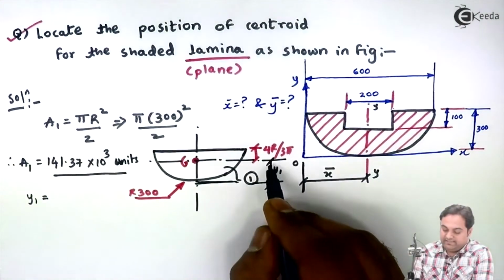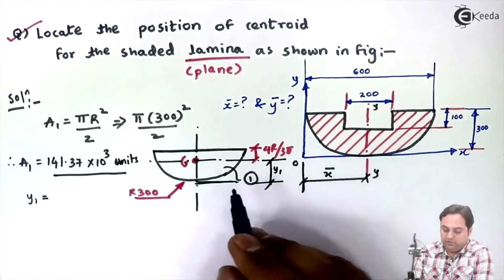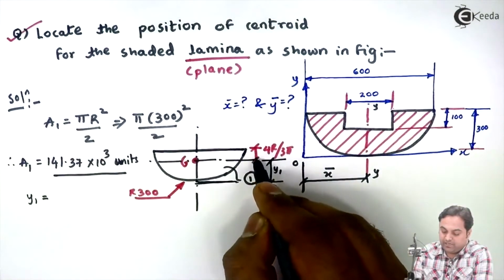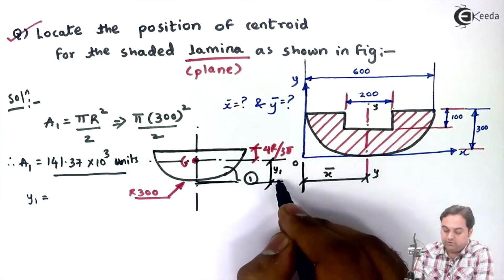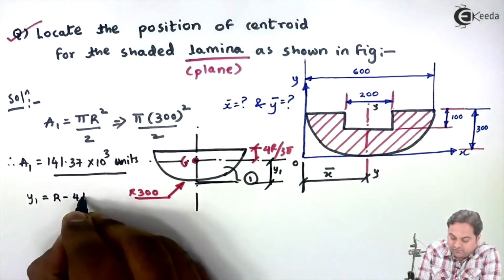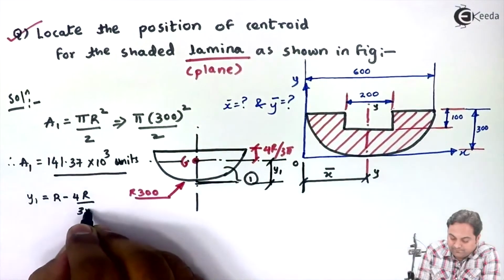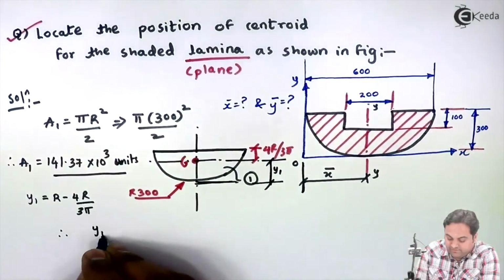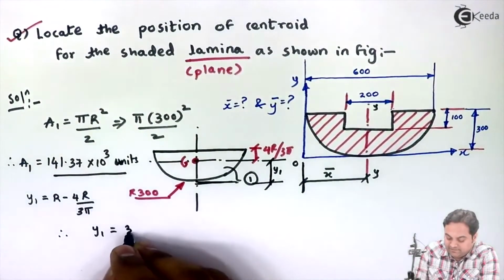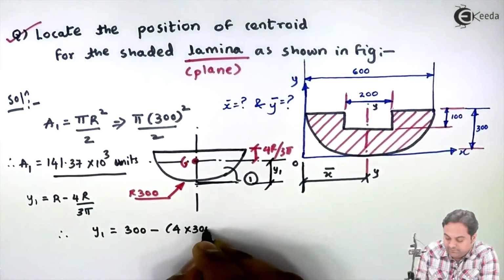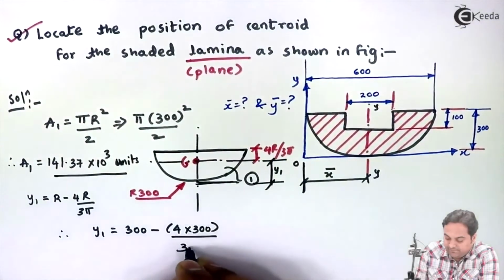So now I can easily say that y1 will be equal to radius, from that I will subtract 4r upon 3 pi distance to get y1. So this becomes r minus 4r upon 3 pi. Therefore, y1 is equal to r, radius is 300, minus 4 into 300 divided by 3 pi.